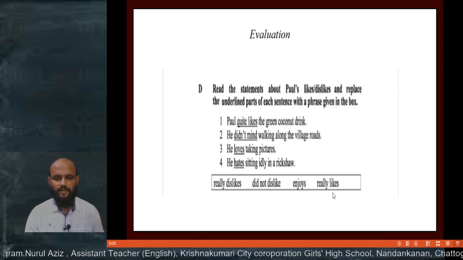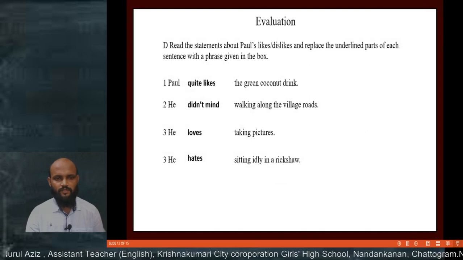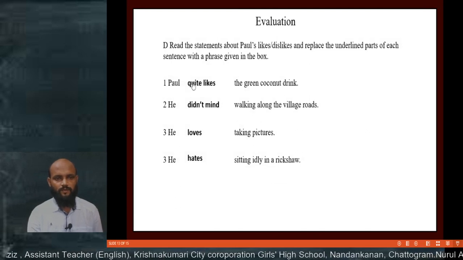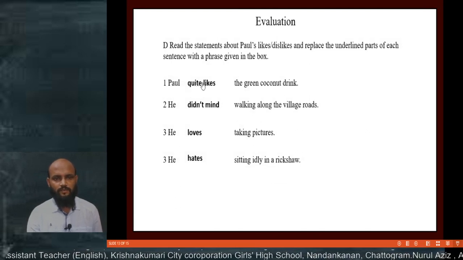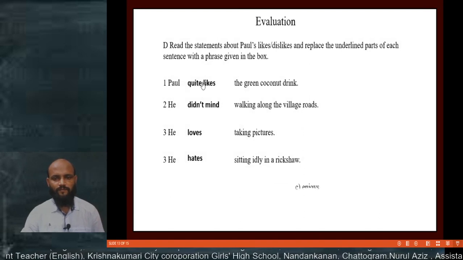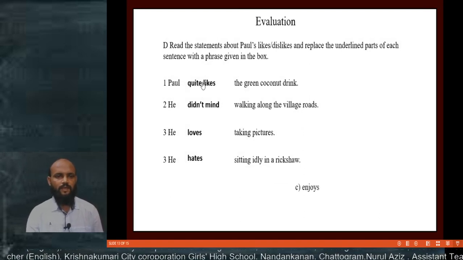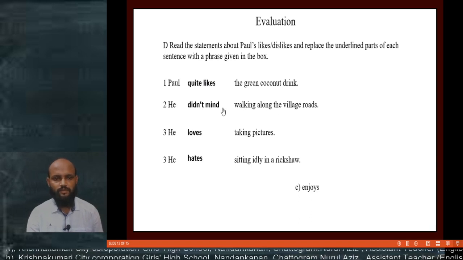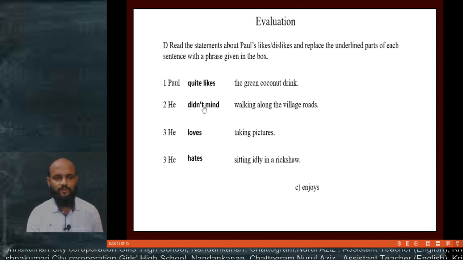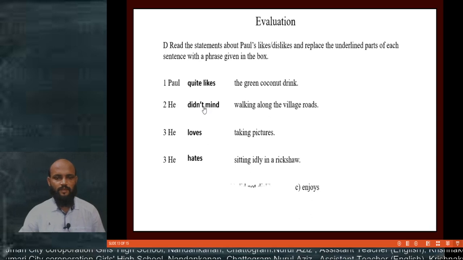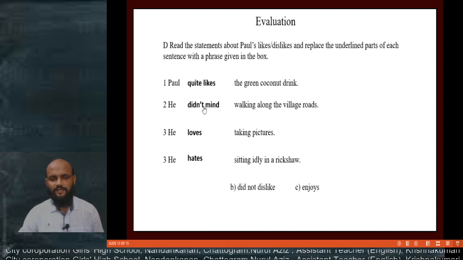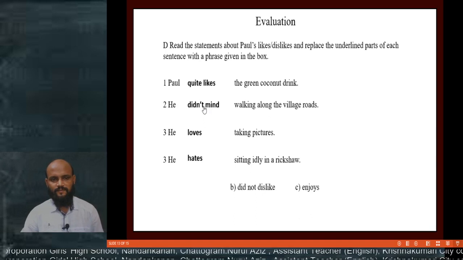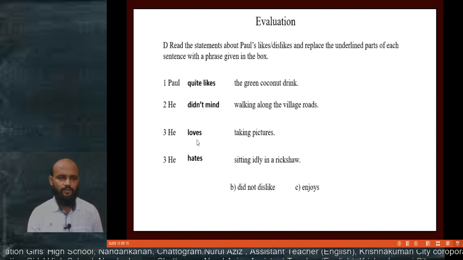So let's see it in another display. You see, quite likes means enjoys, and he did not mind walking along the village roads. Which phrase should replace this? Did not dislike. Now the rest of the two.